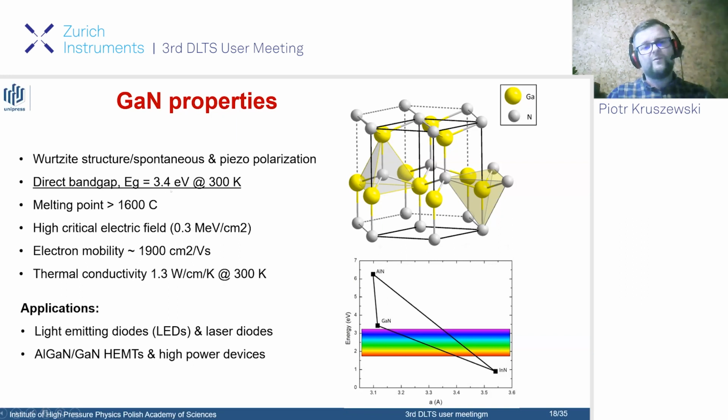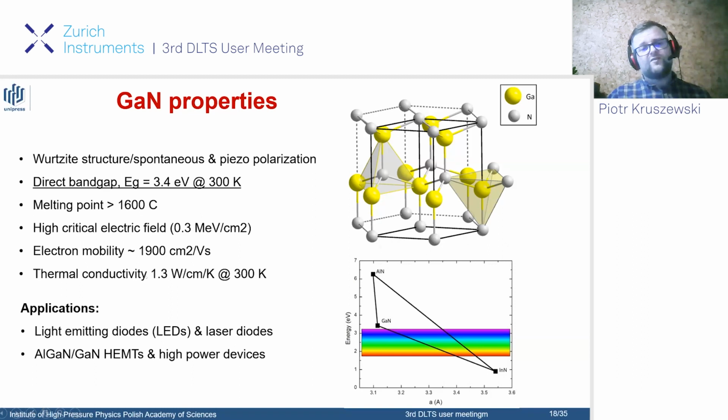The bandgap of gallium nitride is 3.4 eV at room temperature, with a very high melting point, which is 1,600 degrees Celsius. And very important is that we have a high critical electric field in gallium nitride, which is 300 kV per centimeter. The mobility is pretty high, around 2000.